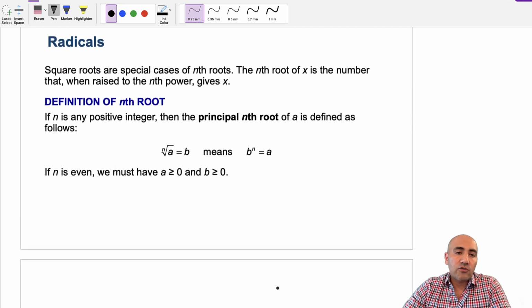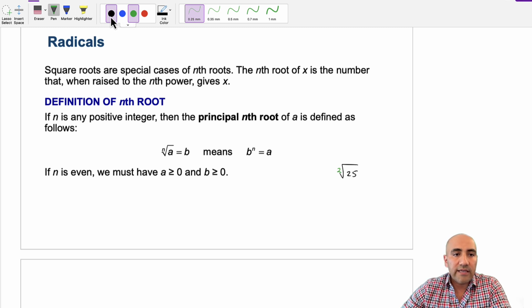Okay, square roots are special cases of nth roots. So the nth root of x is the number that, when raised to the nth power, gives you x. By default, when there's no other index in the root here, we mean it to be a 2. So if I ask you what's the square root of 25, there's nothing there, so by default there's a little 2 there, which means that we're looking for a number such that when it multiplies by itself 2 times, the answer is 25.